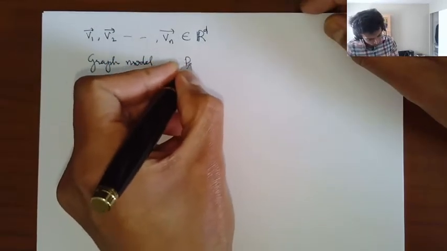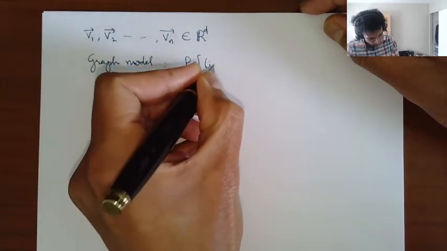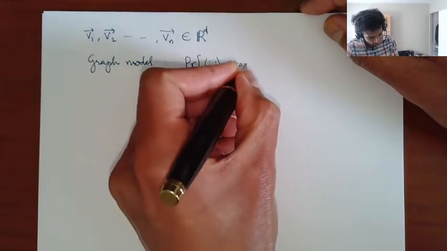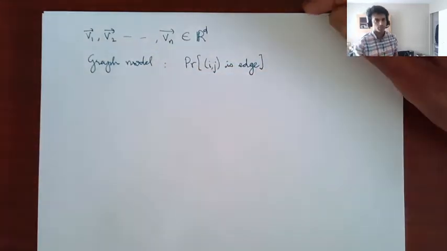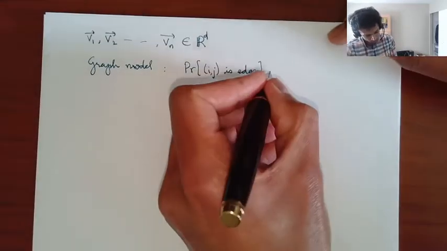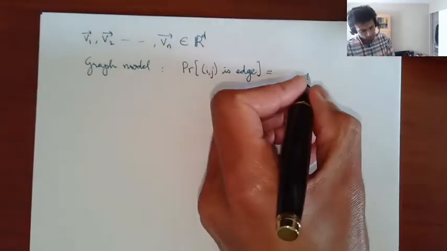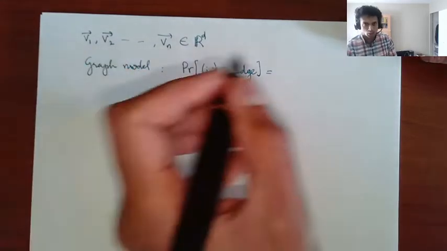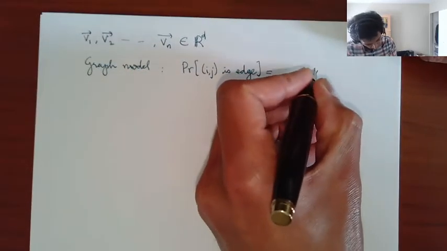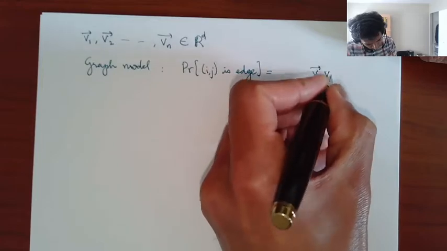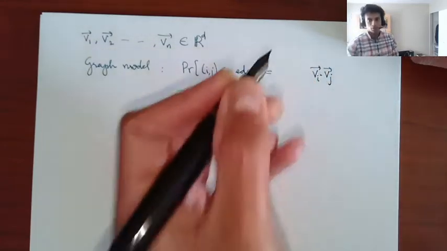I'll say the probability that ij is an edge is going to be set to, essentially, the dot product vi dot vj.